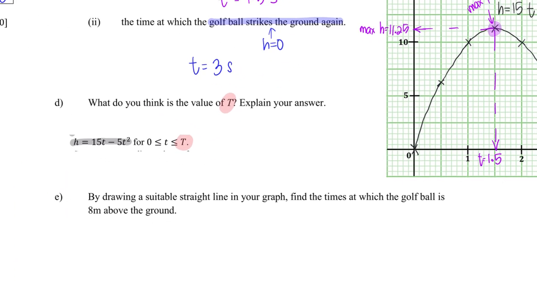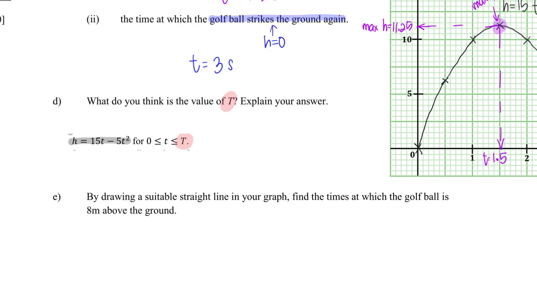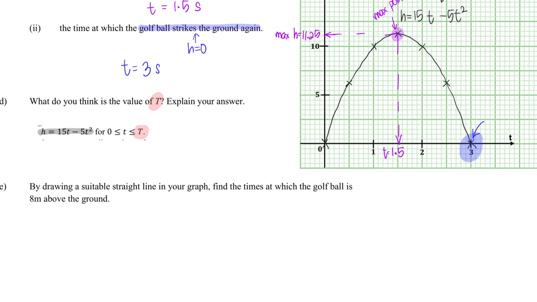So you see, they measure all the way until the point where this h, which is measured as the height from the ground, right? And we only draw from 0 to 3 because at the point where it is 3, it strikes the ground again. So what do you think this t is? Yes, this t equals 3.